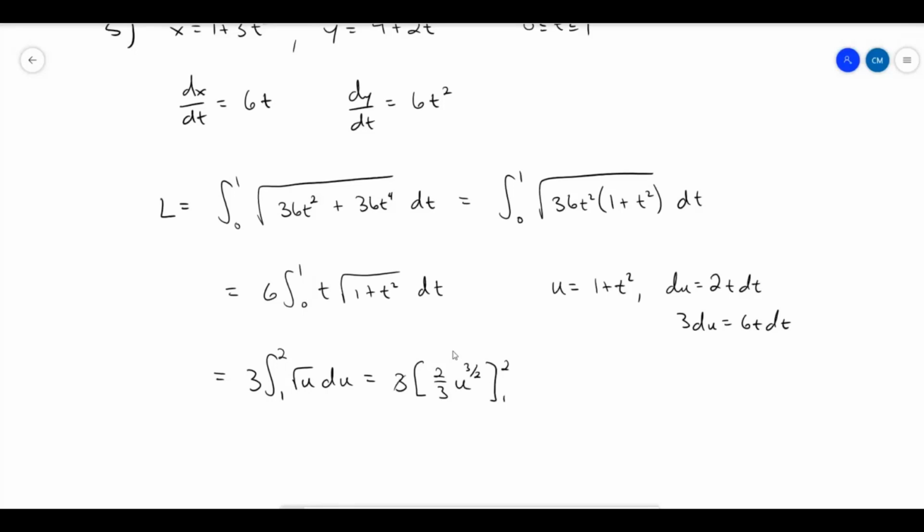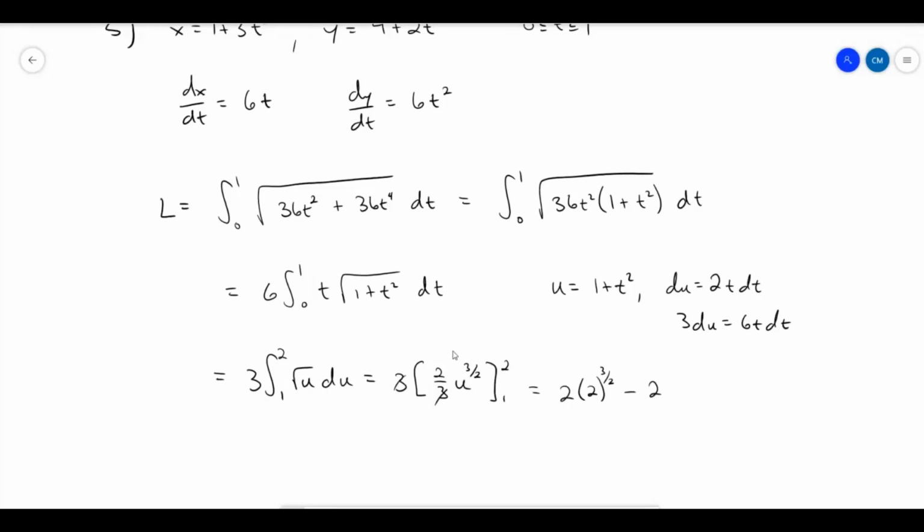Those 3's are going to cancel nicely, so we'll just get a 2 there. So our final answer will be 2 times 2 to the 3/2 minus 2 times 1 to the 3/2, which is just 2.